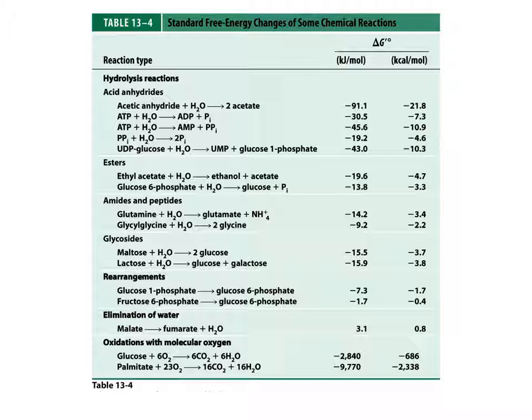So here's a table of some of the common biochemical reactions and their associated delta G prime zeros. Now, in the right column, we have the same values represented in kilojoules per mole or kilocalories per mole.